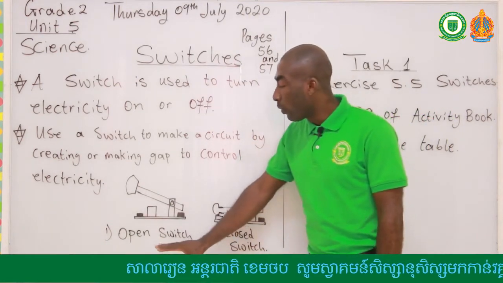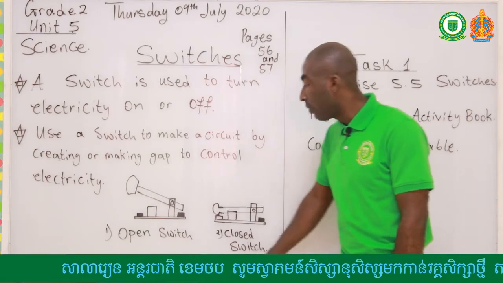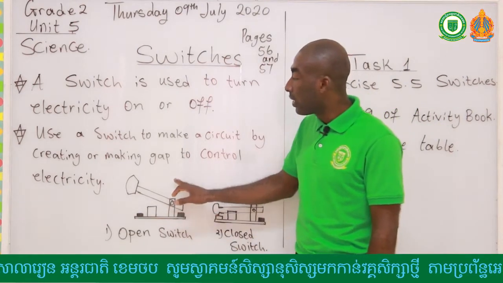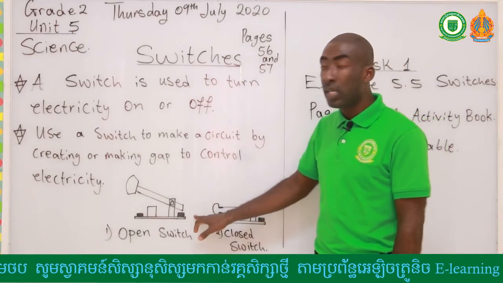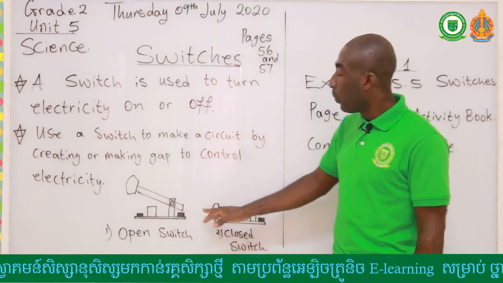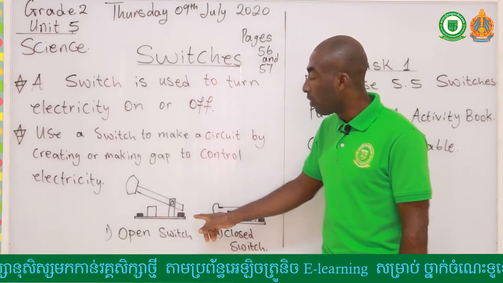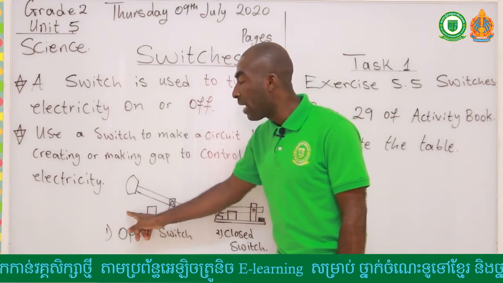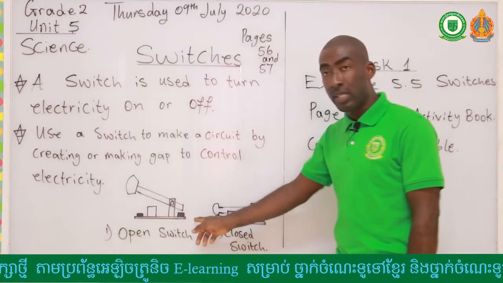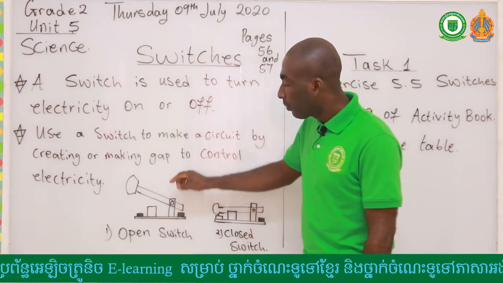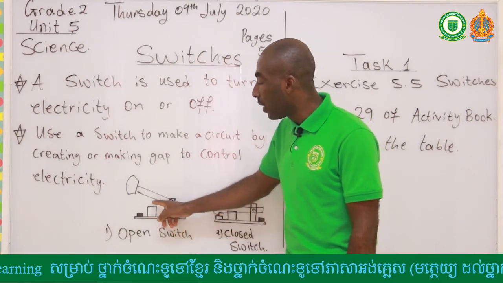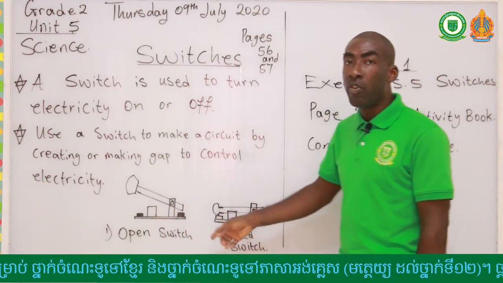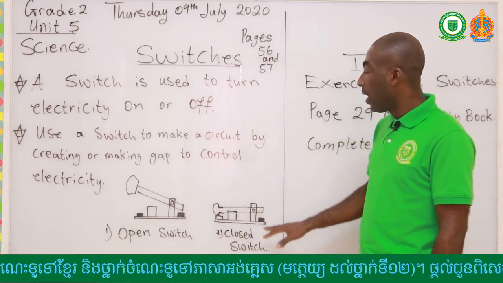So for example, we have a drawing of a switch here. When your switch is off, when it is turned off, it means it is open. When it is open, electricity cannot flow from this side to this side, because there is a break here, okay?